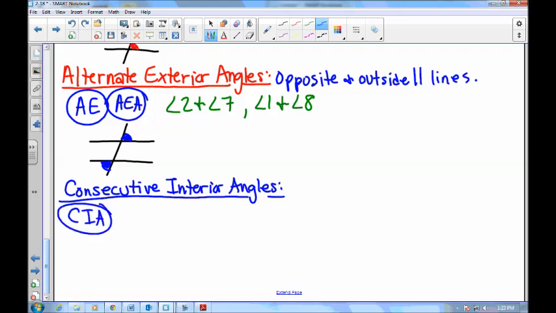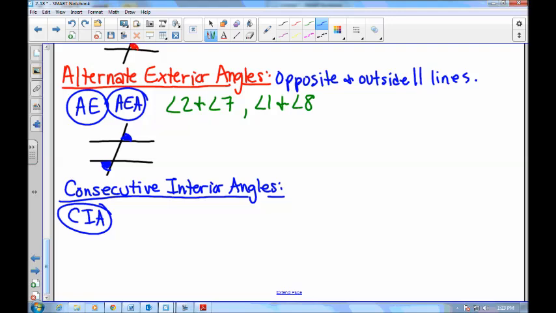Interior we know is inside. If I was to ask you to give me 3 consecutive integers, what would you say? 3, 4, 5. What's another set of 3 consecutive integers? 4, 5, 6, or 6, 7, 8. So what do they all have in common? What tells us they are consecutive? One after the other. They go in order.